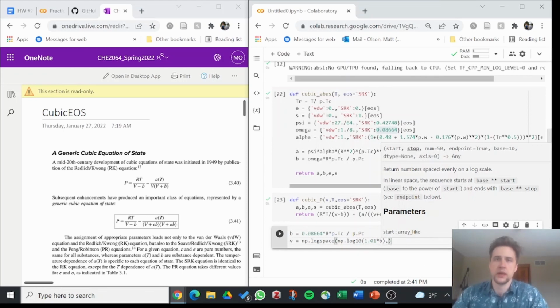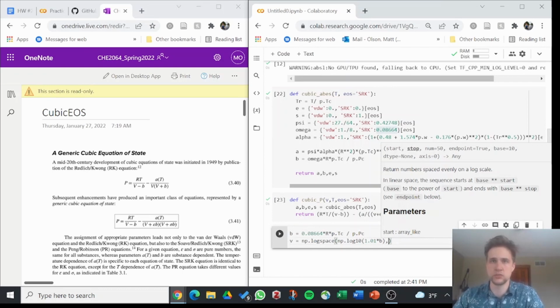Now our next point, another thing to consider is that because we're doing a logarithmic scale, each of these start and stop values are 10 to whatever value we're putting in, and so it's going to grow rather fast. And then another thing is a lot of the activity we're going to be looking for that's going to be interesting to us is going to be happening under smaller volume situations where the pressure is going to be a bit higher because the volume is quite a bit smaller.